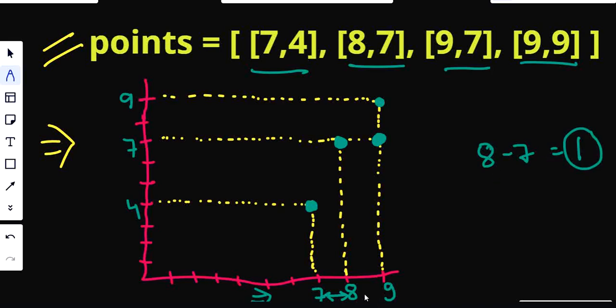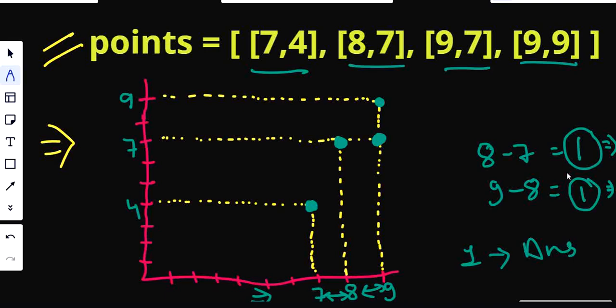Now I will be checking the next difference, that is 8 to 9. So 9 minus 8 will also be equivalent to 1. So which value is greater, this one or this one? Both are the same, right? So I will be returning 1 as the answer.